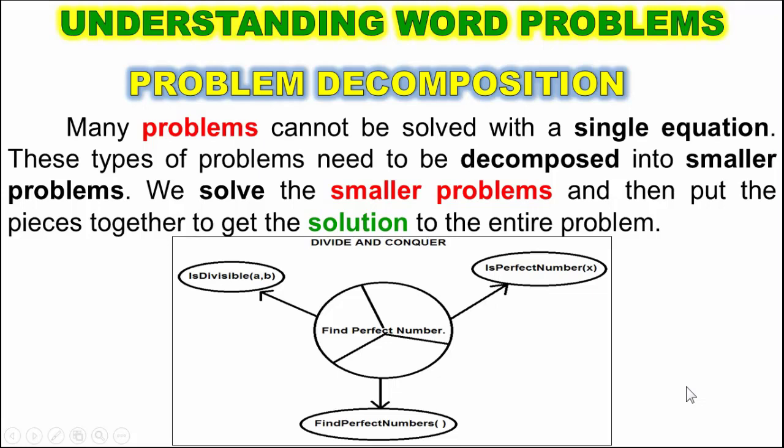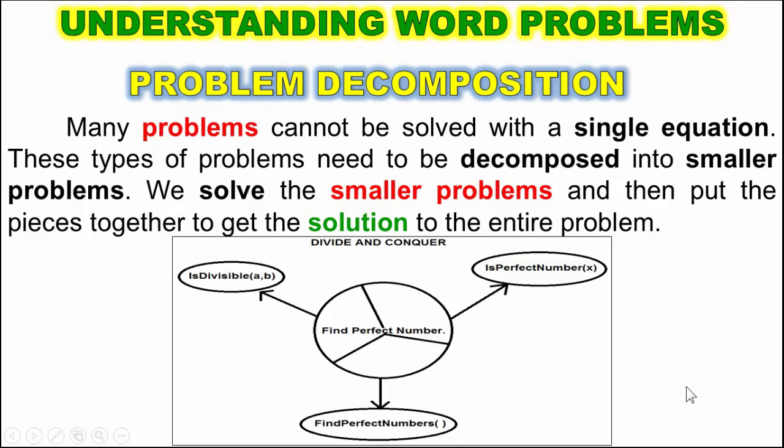Problem decomposition is similar to a computer programming concept called divide and conquer. We divide the problem into smaller problems and solve the smaller problems. Join the solutions of the smaller problems into one whole solution and the problem is solved. For example, the problem is find the perfect number.